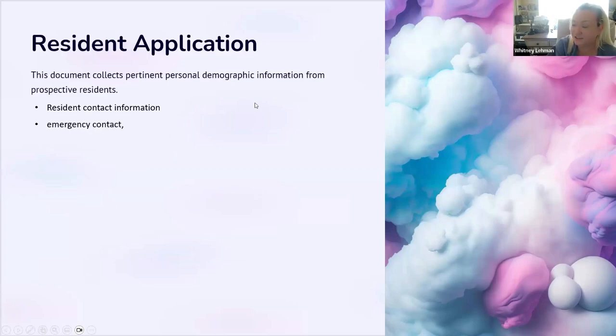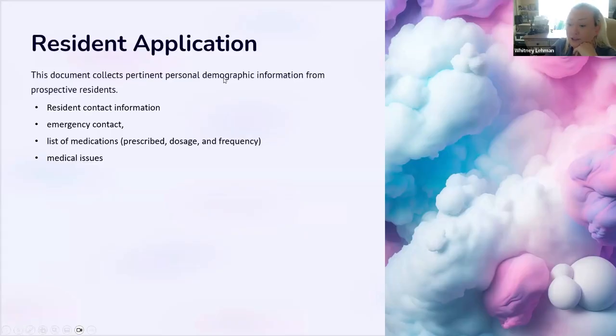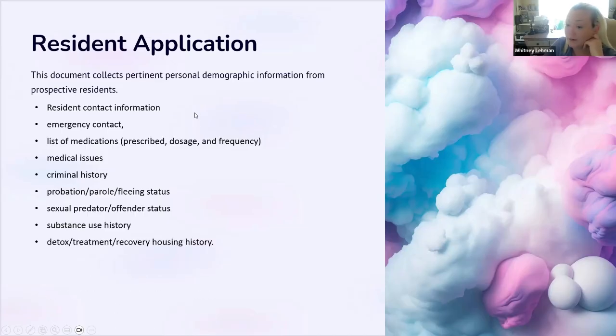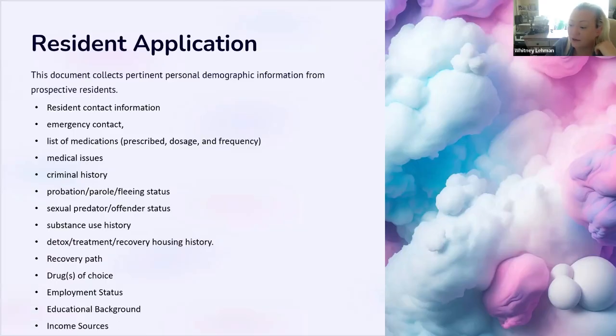So their contact information, their emergency contact, a list of medications that are prescribed, their dosage and frequency, any medical issues they're dealing with, criminal history, including specifically their sex offender/predator status, probation, parole, fleeing history, substance use history, detox treatment, recovery housing history, their recovery path, their drug or drugs of choice, current employment status, and any educational background. Oh, and income sources.